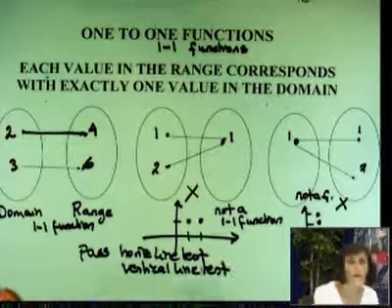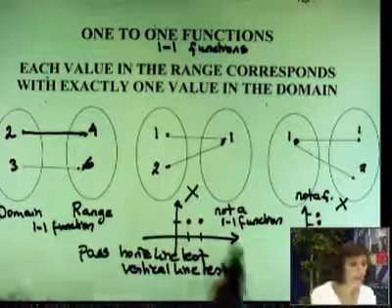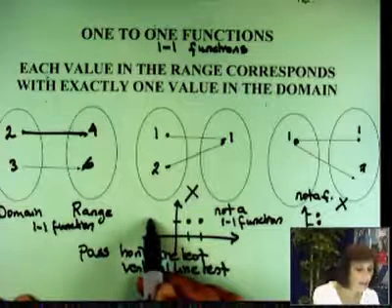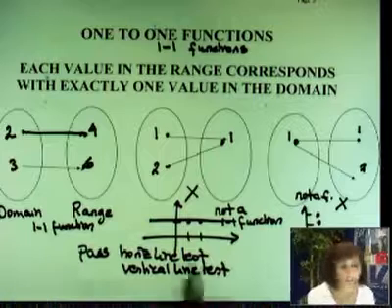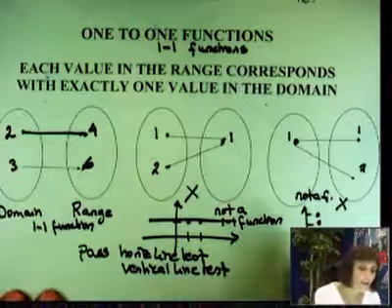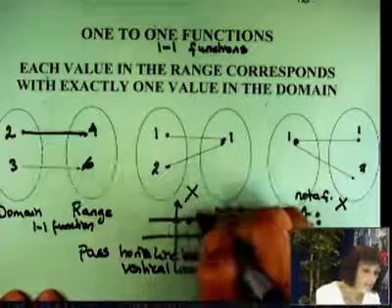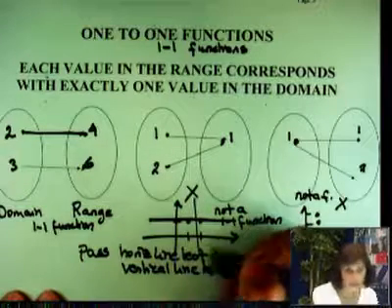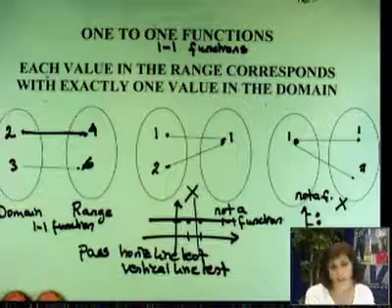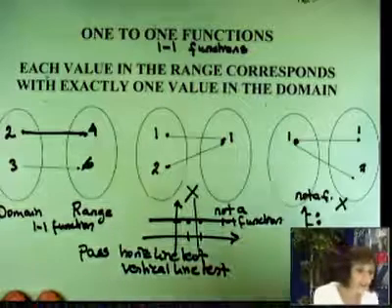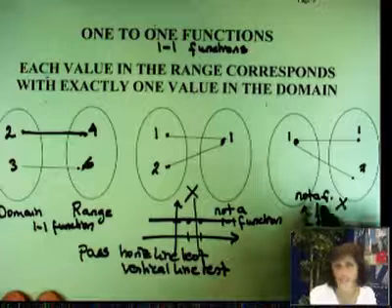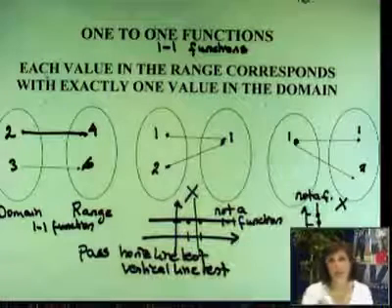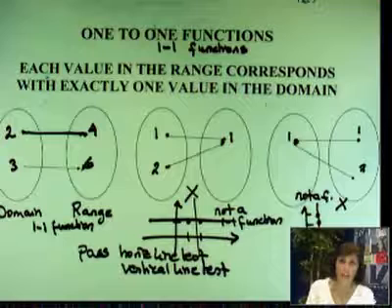In other words, when you have pictures or ordered pairs, it needs to pass the horizontal line test. That means when you pass a horizontal line, you can only hit 1 point. Here I'm hitting 2. All right? And the vertical line test here is satisfied, but the horizontal line test is failed. How about here? The vertical line test is not satisfied, so it's not even a function. So I don't even proceed to check for the horizontal line test.